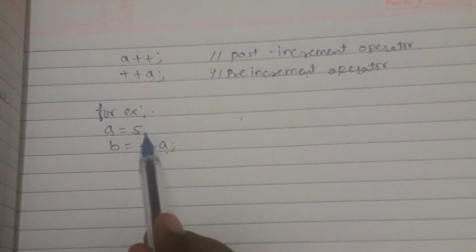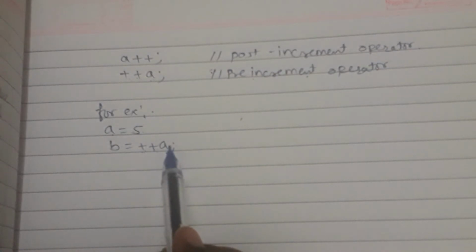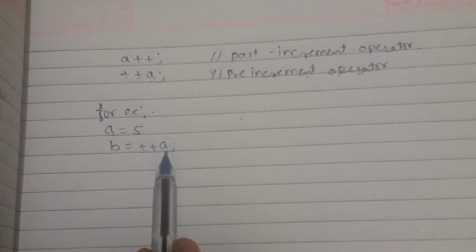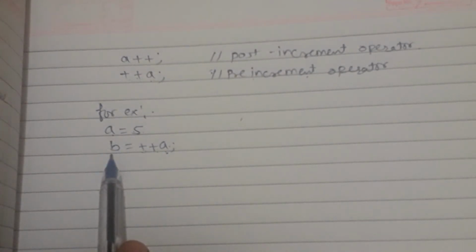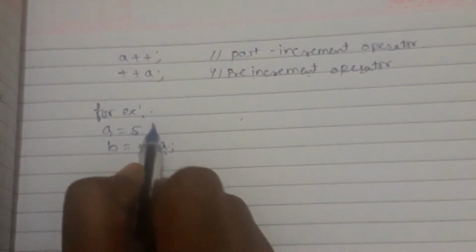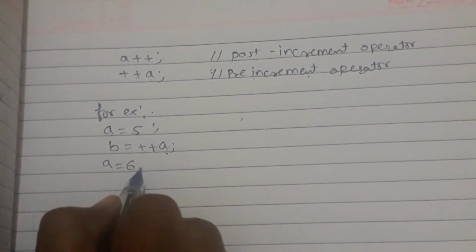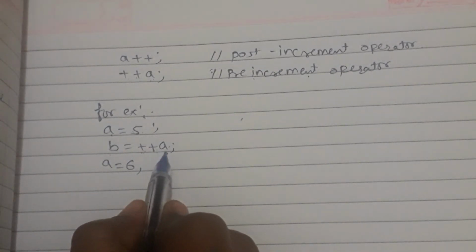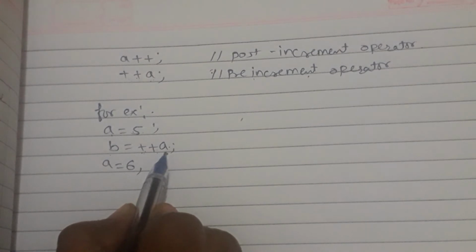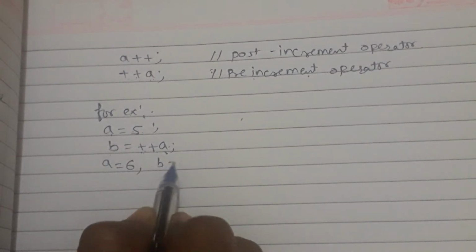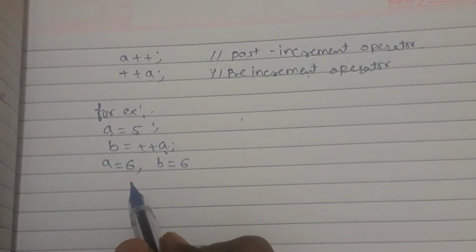So the value of a is 6 and after that a is given to b. Initially the value of a is 5. Then the value of a is incremented over here, so the value of a is 6 and this value is given to b, so b is equal to 6.